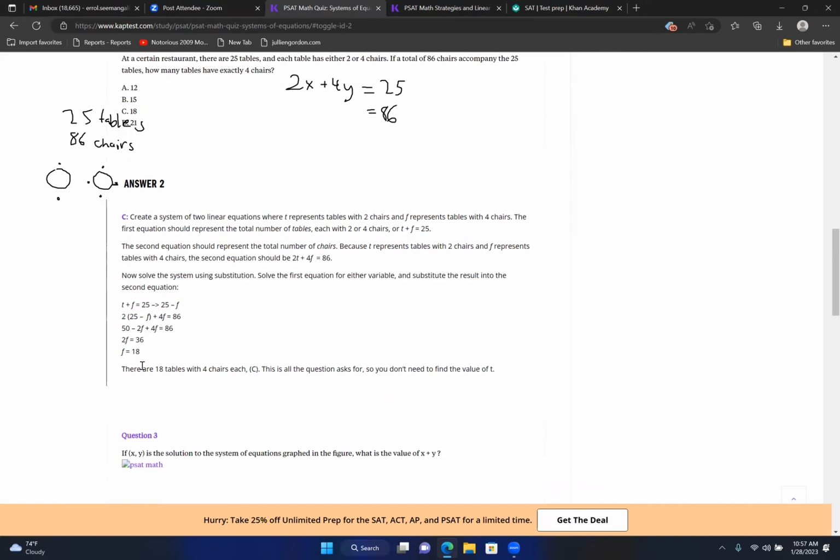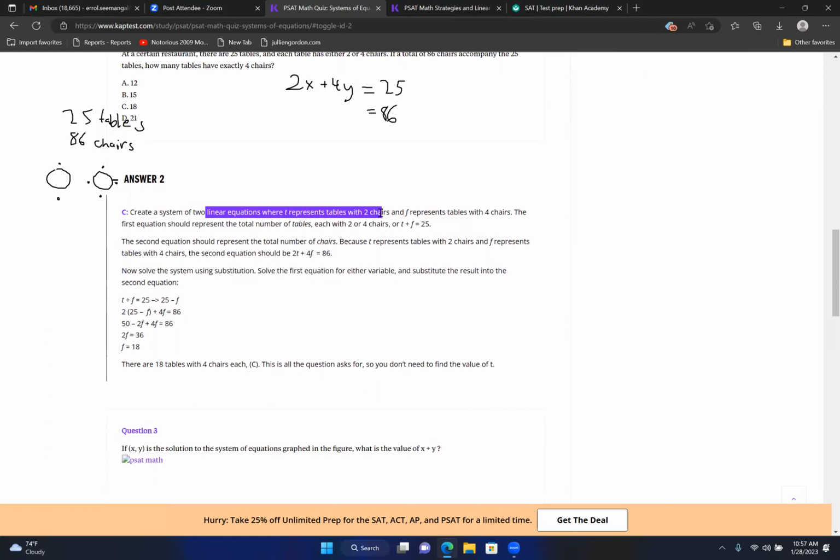Oh no, they did. Create a system of 2 linear equations where t represents tables with 2. And the first equation should represent the total number of tables, each with 2 or 4. Okay, my bad. I got the wrong first equation. I think you were right. So x plus y would be 25, and yeah, that makes sense.